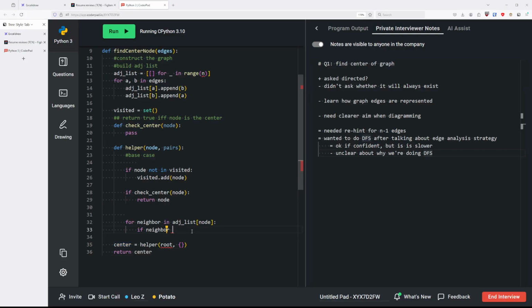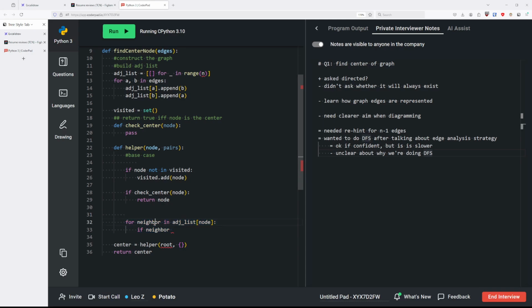Now the rest of the helper method is a regular DFS. You have a base case, which is you run into a cycle. Another base case is you're done because you found it. If you're over here, that means you haven't found it yet, so you need to implement the rest of the logic.